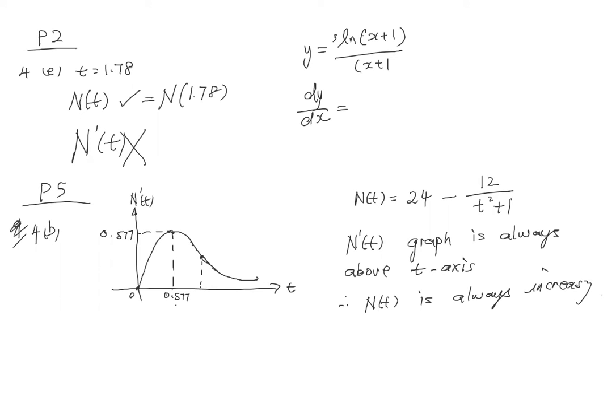So that's why N(t) is increasing with decreasing rate. So whatever I gave is correct. It should be increasing with decreasing rate. So saying decreasing is wrong. Please do the changes.